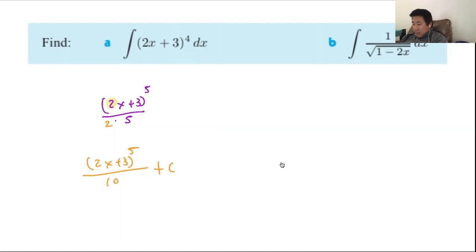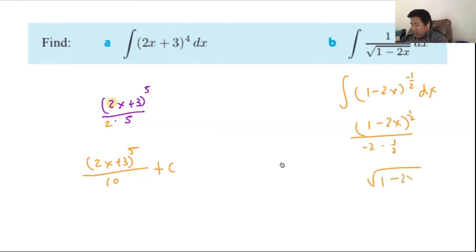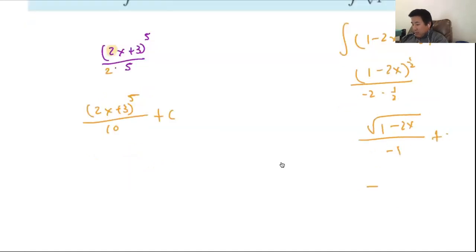This is 1 minus 2x to the negative 1/2. Add the exponent, so you get 1 minus 2x to the 1/2 over 1/2 times the derivative inside, which is negative 2. So I have the square root of 1 minus 2x all over negative 1. So just negative square root 1 minus 2x plus c.